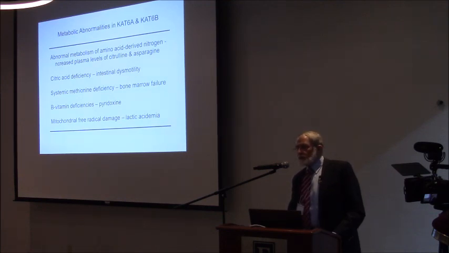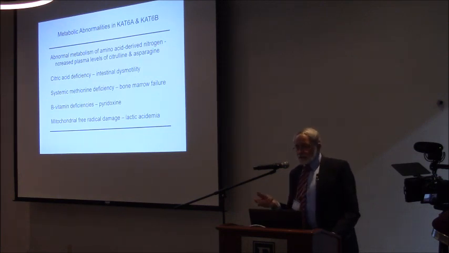That is, amino acids break down. When they are broken down, they turn into ammonia, and the ammonia is then turned into urea. And the urea cycle is disturbed in some way, but it doesn't cause the kind of pathology that we see in classic disorders of the urea cycle.